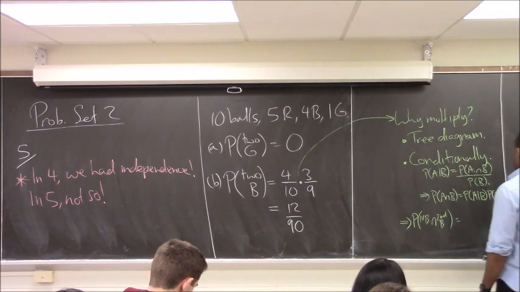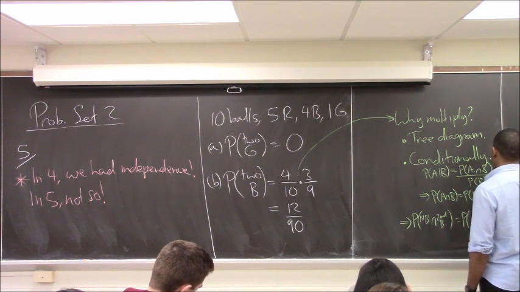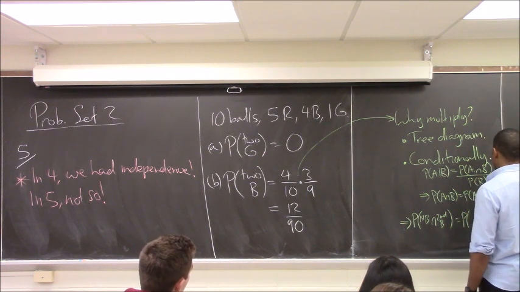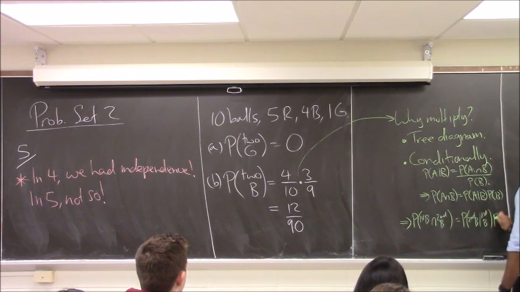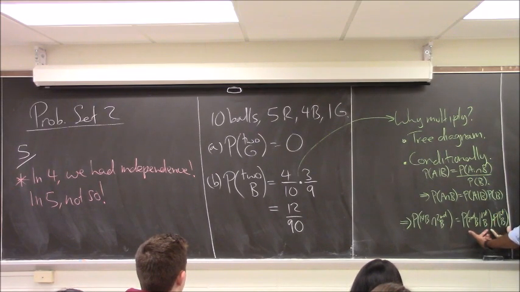That's more like the probability that the second is blue given that the first was blue, times the probability that the first was blue. So the multiplication happening here is not P of B1 times P of B2, it's actually P of B2 on the condition of B1 times P of B1.